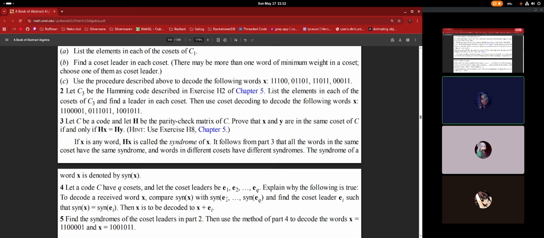Okay, what does it mean to say syndrome of the candidate? So syndrome of the candidate means the coset fixing on the candidate. And you're going to choose the leader in which their syndromes are the same. Why is that the case?